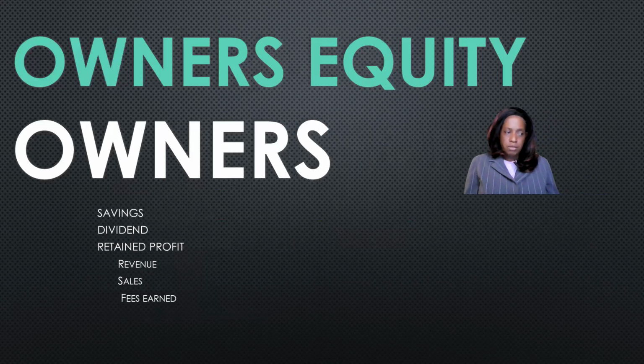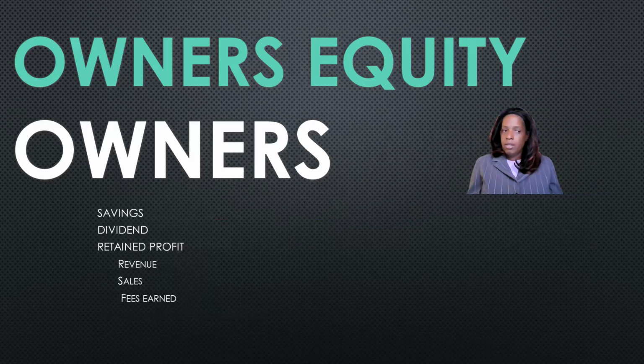Owner's investment is money that the owner put into the business. And what does that money do? It increases the equity. In accounting, the account used to differentiate, or they call it capital.